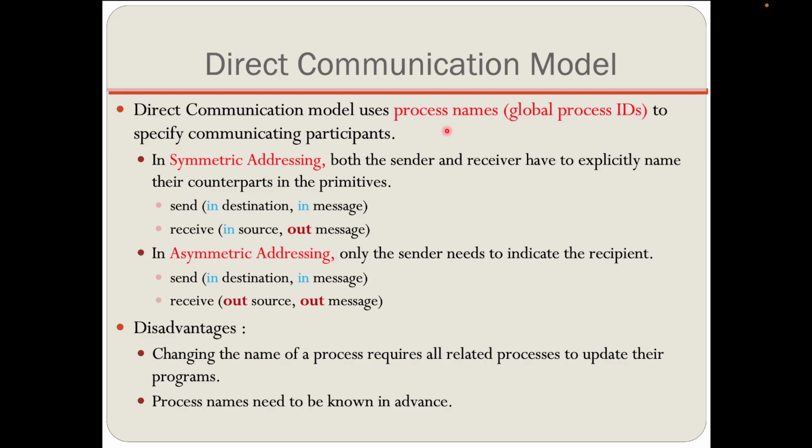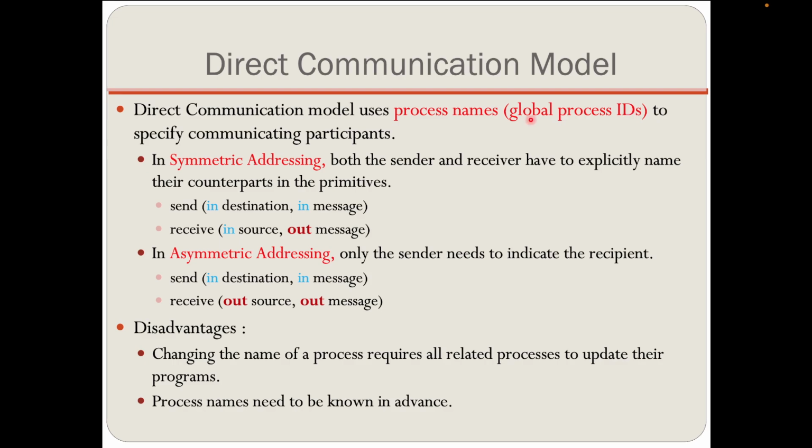For example, the sender needs to know who its receiver is before it can send the information. Usually they require a global naming mechanism or global ID mechanism for this kind of communication model, so the sender can specify the ID of the receiver, and the receiver may sometimes need to specify the ID of the sender.